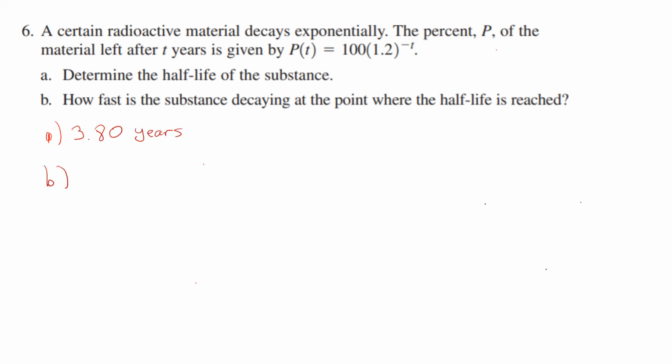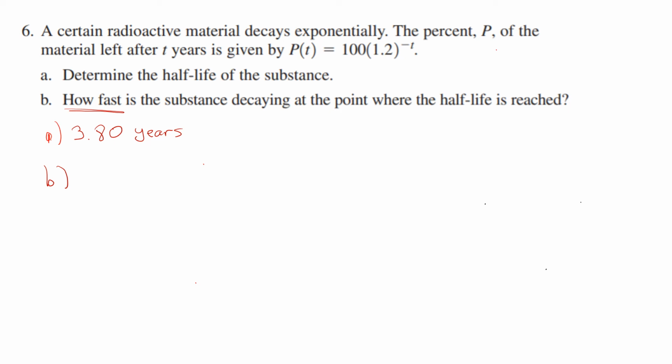So the second portion is saying how fast is the substance decaying at the point where the half-life is reached. Because it says how fast, it involves the rate, so rate of decay. And whenever we say rate, it involves taking the derivative.